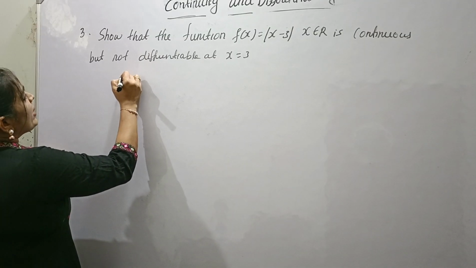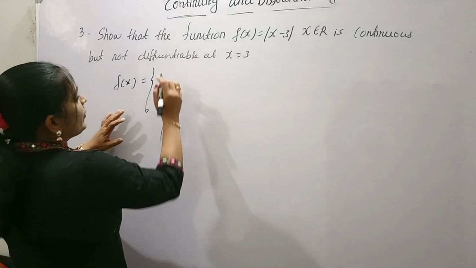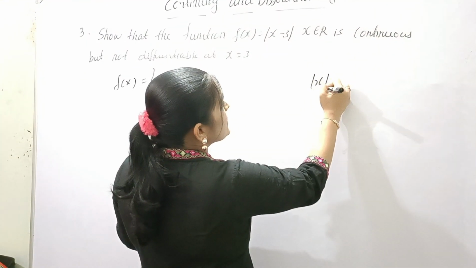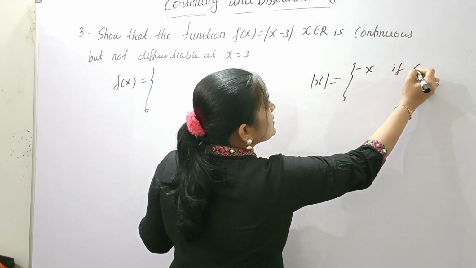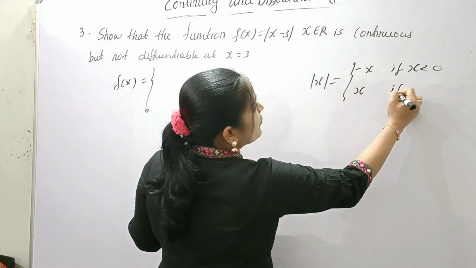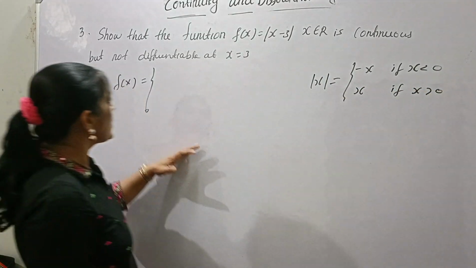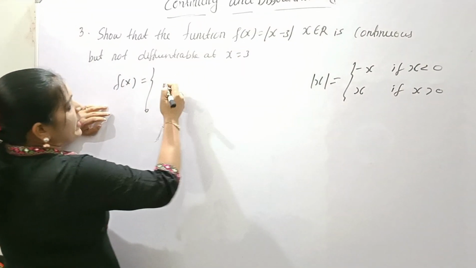It can be redefined as f of x is equal to, we know that modulus x can be defined as minus x if x less than 0 and modulus x is equal to x if x greater than 0, right? So in the same way, f of x is equal to modulus x minus 3.